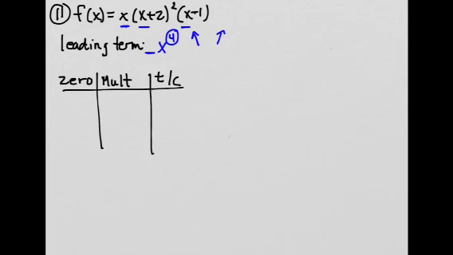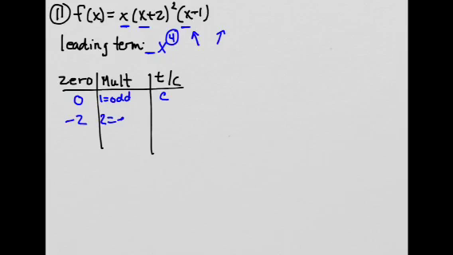For zeros, I take a look at the first factor, and what makes that one 0 is 0. The multiplicity is 1, so that's an odd number, which means it's going to cross. Then I go to the next one right here, the x plus 2. The zero for that is negative 2. Its multiplicity is 2, because that's the degree up here.